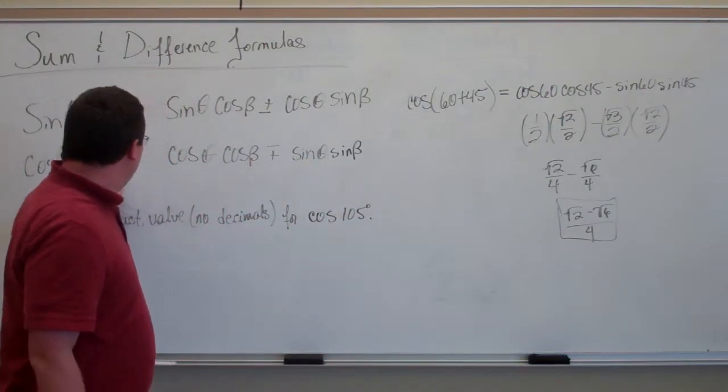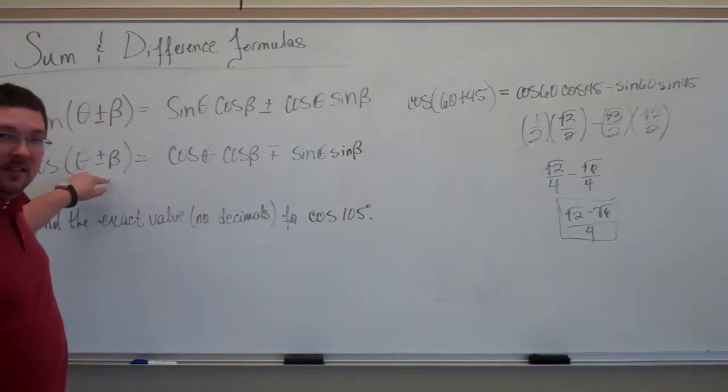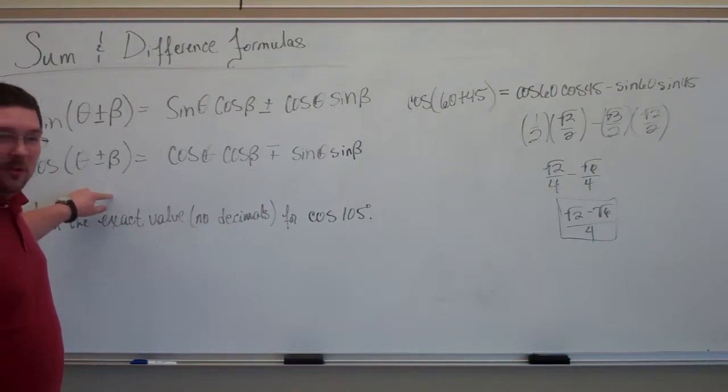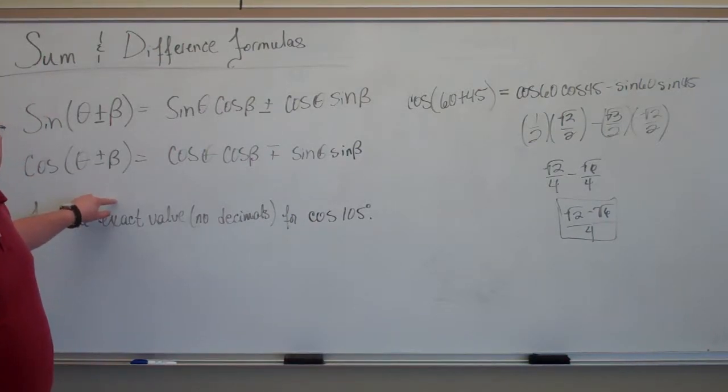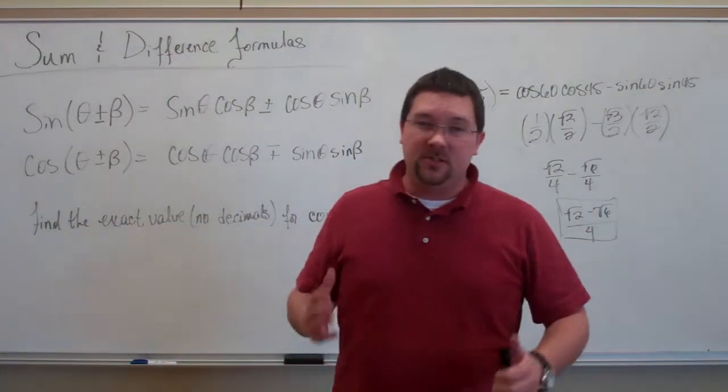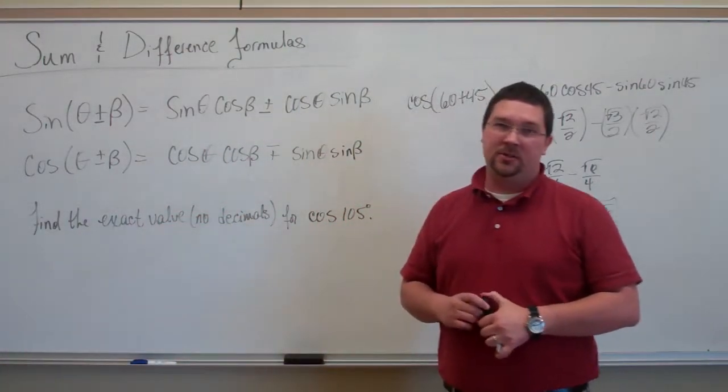Alright, now the important thing is when you go to find theta and beta, or x and y, you can call these whatever you want, I just chose theta and beta. The important thing to remember is you need angles on your unit circle. Okay, it doesn't matter which one you use, but you need angles on your unit circle.